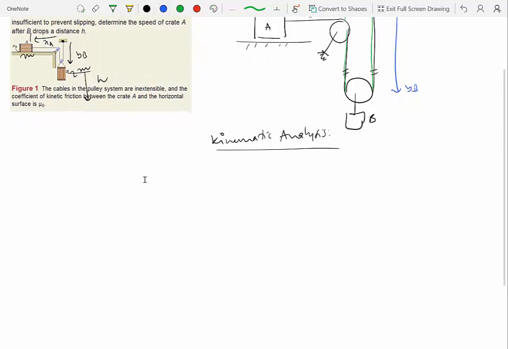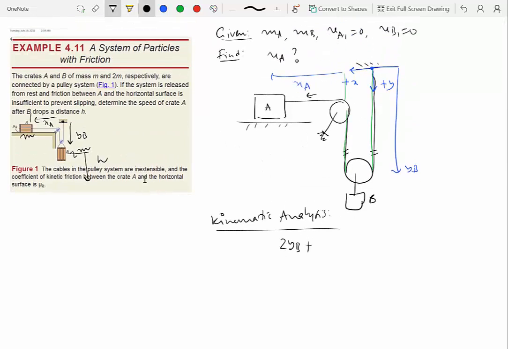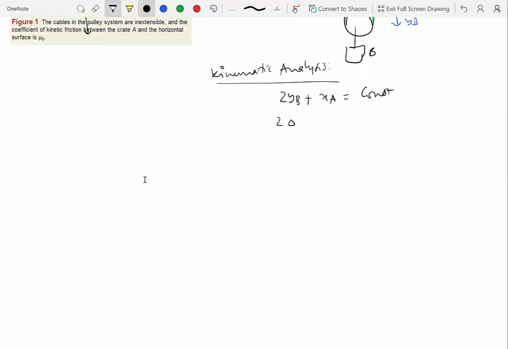So we get 2YB, plus, then we have XA going in this direction, so that's plus XA, and plus some constant which we don't worry about, and that is equal to a constant. So what this is saying is that 2 delta YB is equal to minus delta XA, or 2 times the velocity of B is equal to minus the velocity of A, right?